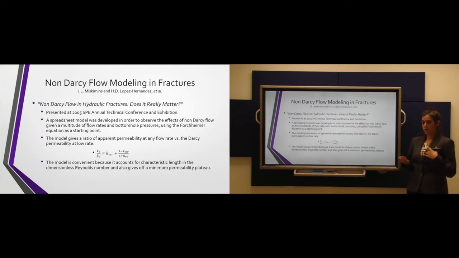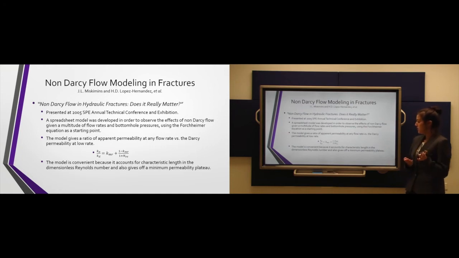They used the Forchheimer equation as a starting point and derived from there and ended up with their model that gives a ratio of apparent permeability at various flow rates versus the Darcy permeability at very low flow rates where non-Darcy effects don't take place.